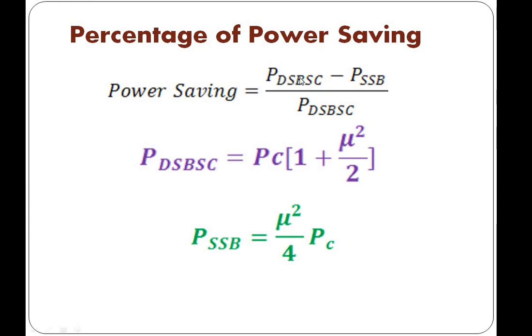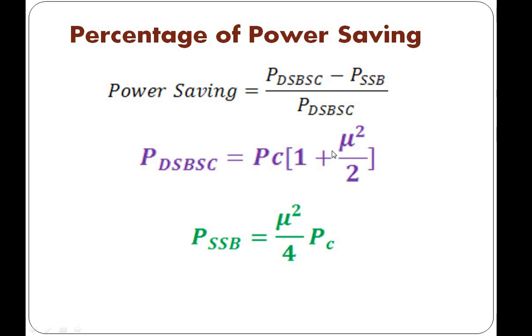So the formula is the power of DSB-SC minus the power of SSB, divided by the power of DSB-SC. This is the assignment for you. You have to calculate and tell me how much percentage of power is saved by using SSB. I have given the formulas, you just have to substitute and calculate. What is the formula for DSB-SC?